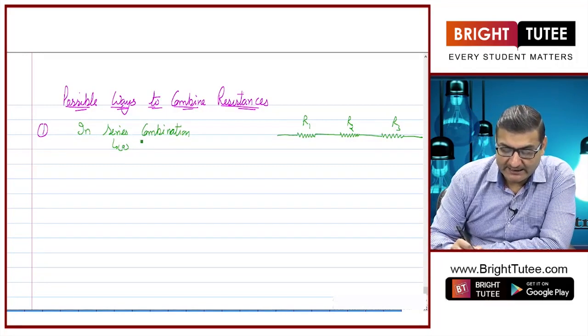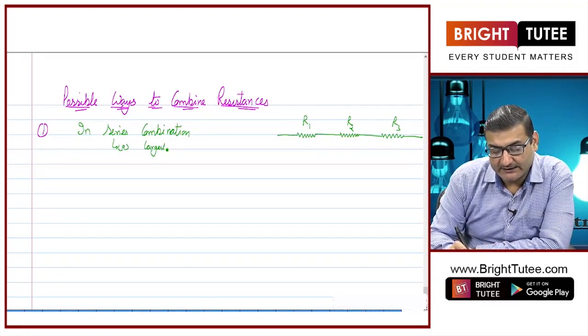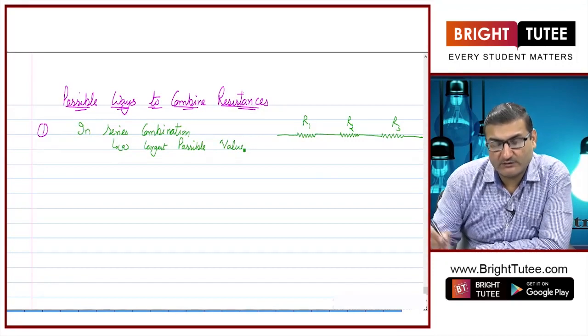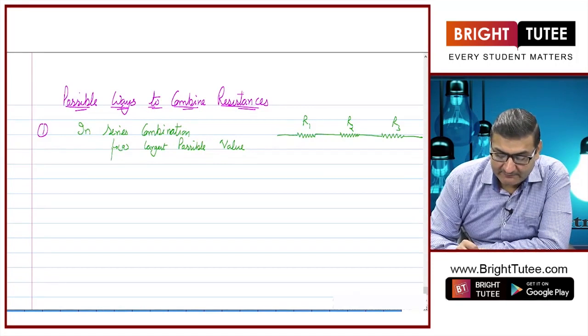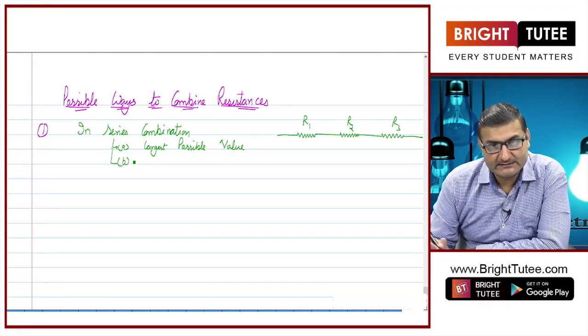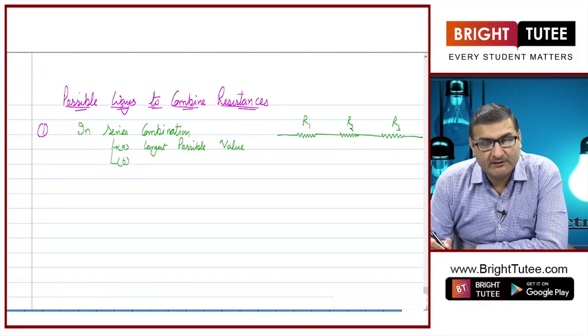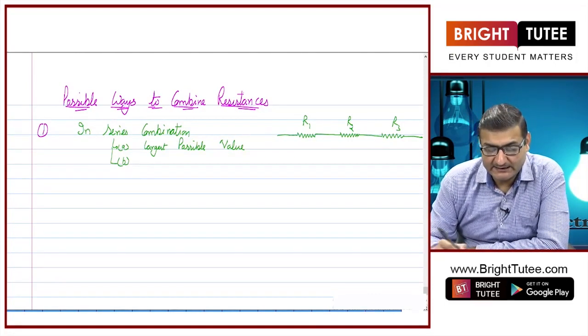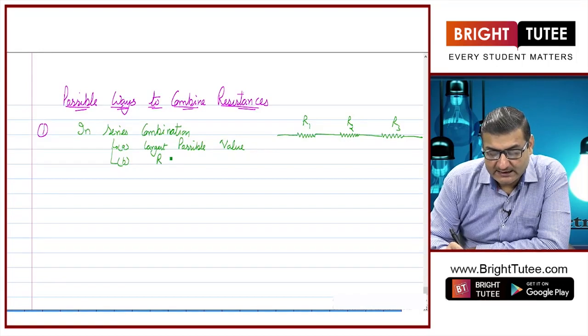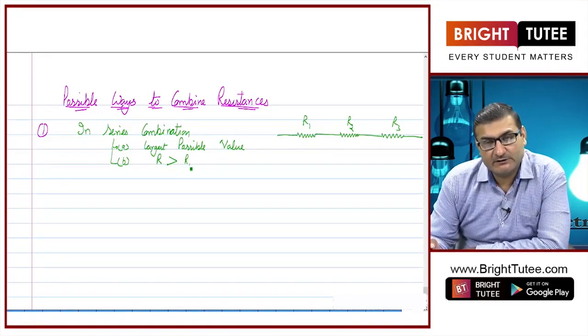First thing is, if I am given in the question that I need the largest possible value using these 2, 3, 4 resistances, I combine them in series. And second very important tip, students, is that whenever we combine the resistances in series, we will see that the total resistance is always greater than any other individual resistance.